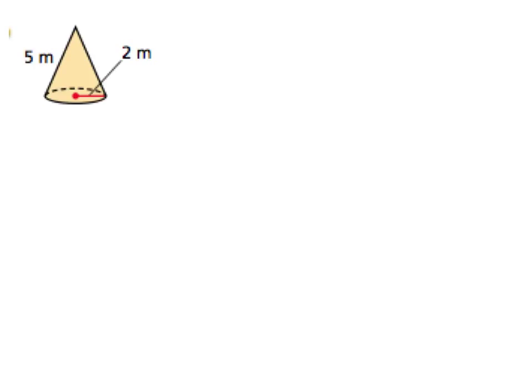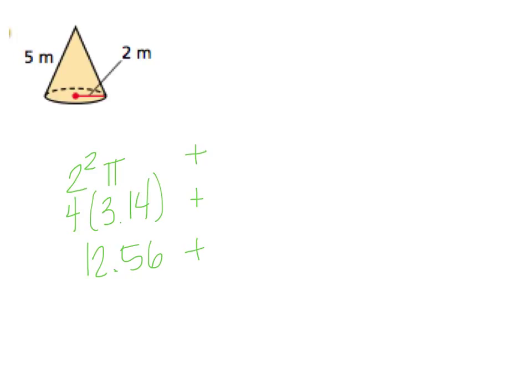Okay, let's try a cone. So again, remember you're going to start by finding the area of the circle. So we're going to do radius squared times pi, which is 4 times 3.14, which is 12.56. We are going to add that to pi times the radius times the slant height.